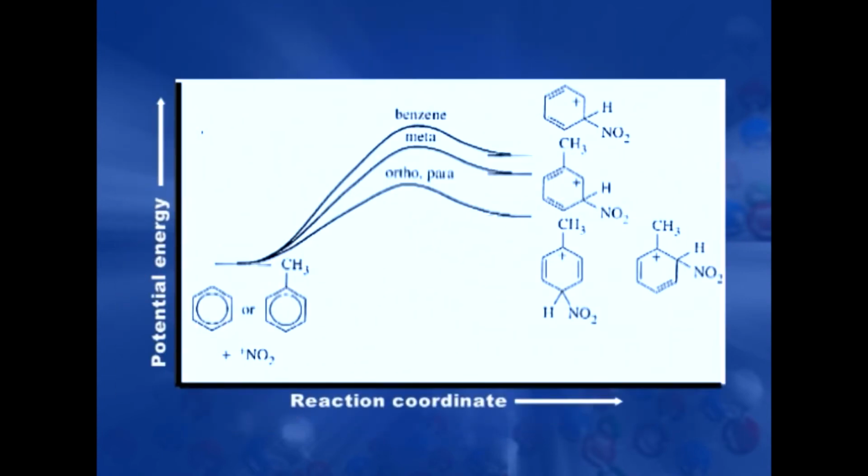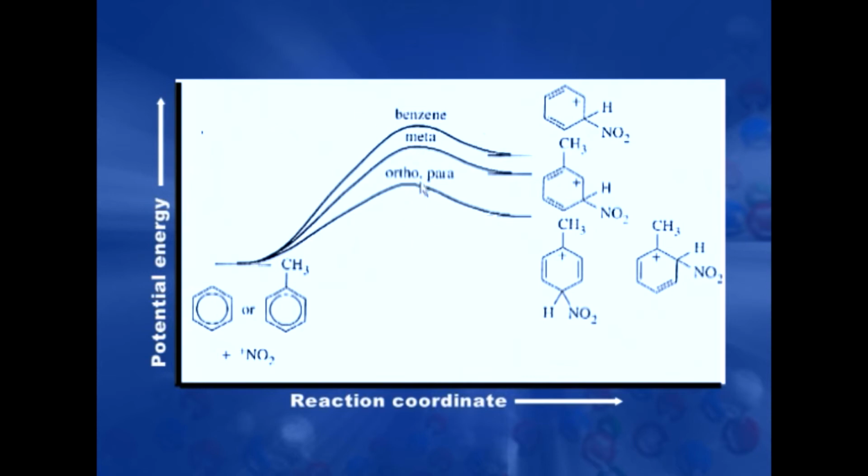So, now we can see the E activation curve for the reaction. This first curve is for benzene and these two are for toluene where the methyl group is present. Because the methyl group is electron donating, E activation is less than benzene.